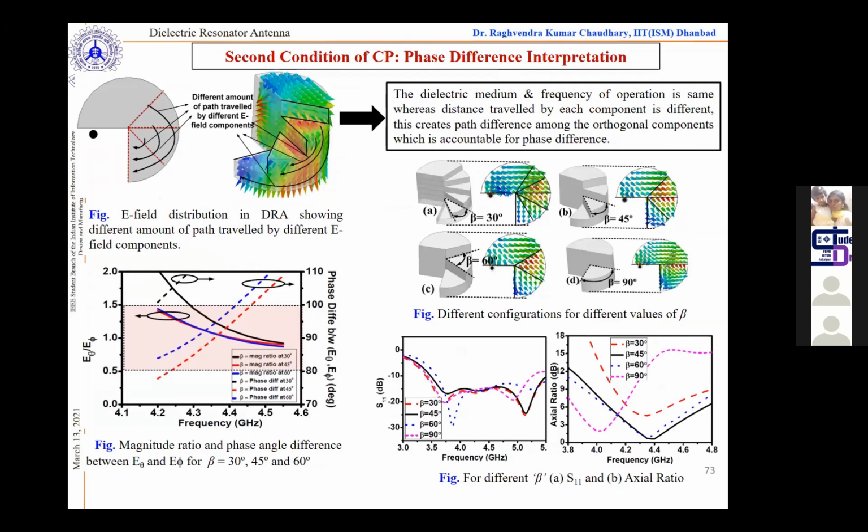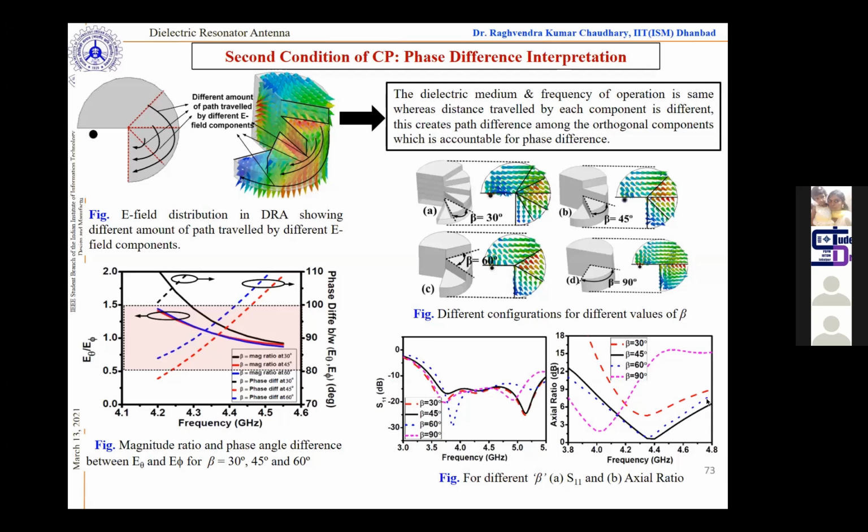After that we went through some other iterations also, like 30 degree, 60 degree, 90 degree and all. We were curious to find out whether we can get better results from other segments also, correct? What we found is that 45 degree is a suitable one, and we are getting a good axial ratio bandwidth.